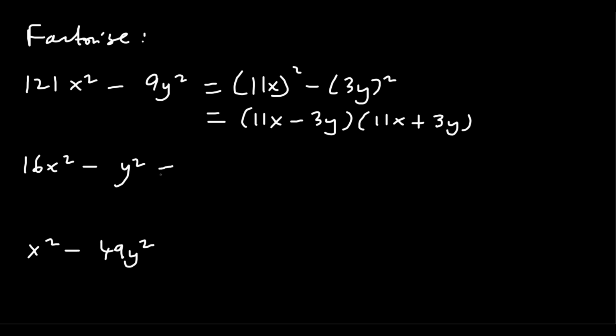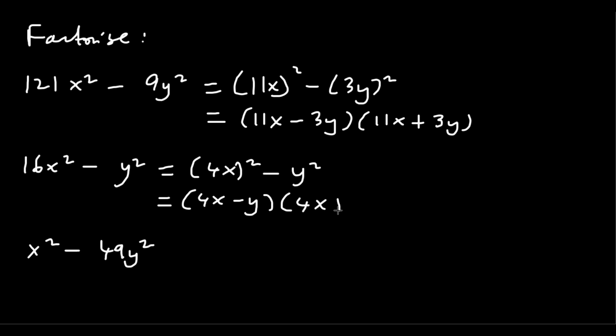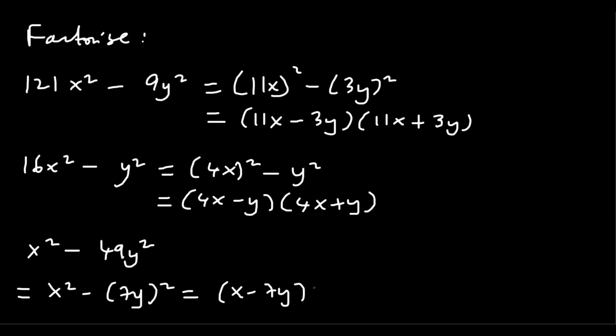For this example, we can see that this is 4x all squared minus y squared, and that would become 4x minus y times 4x plus y. This one is x squared minus 7y all squared. So that gives 49y squared. And that becomes x minus 7y times x plus 7y.